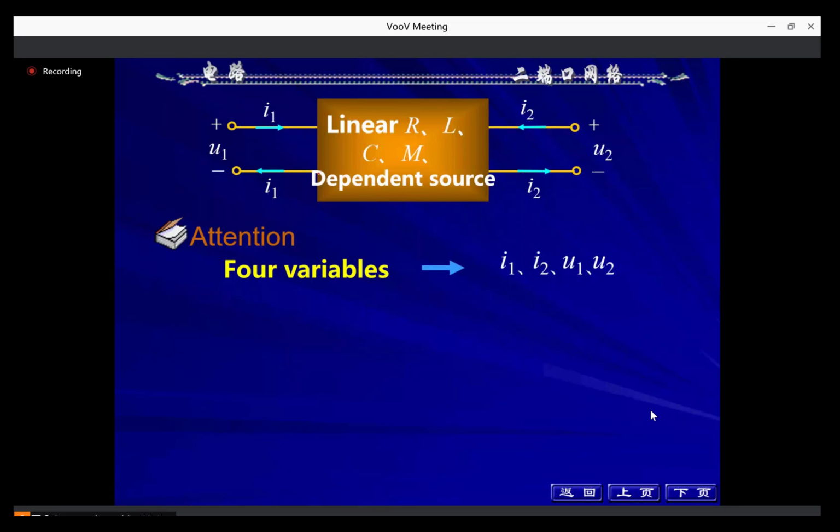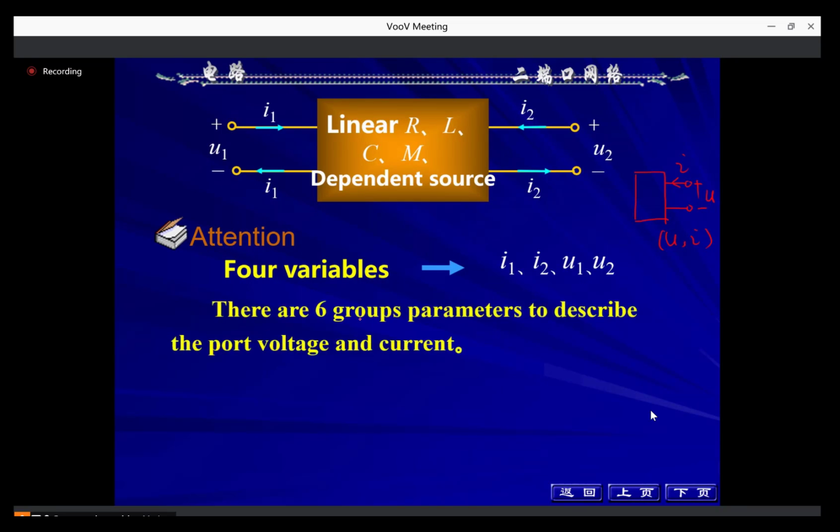This is the two-port network. For a one-port network, we have only two variables, U and I. But for the two-port network, we have 4 variables: I1, I2, U1, U2.